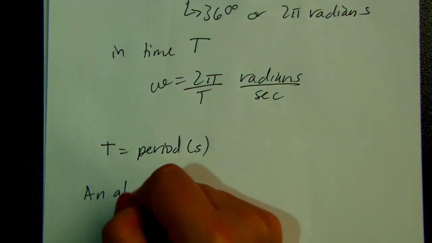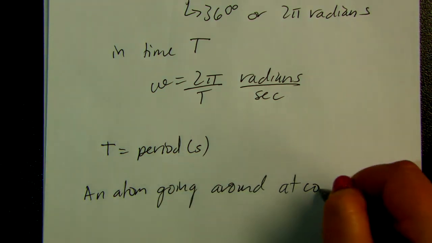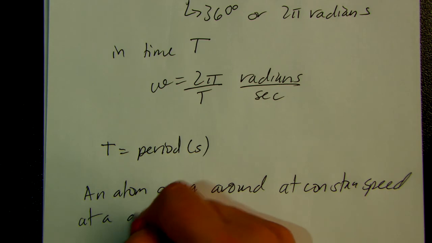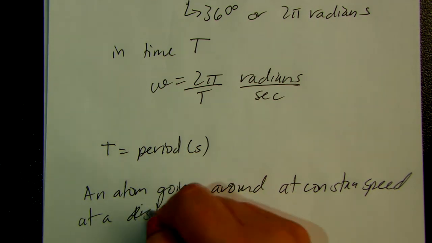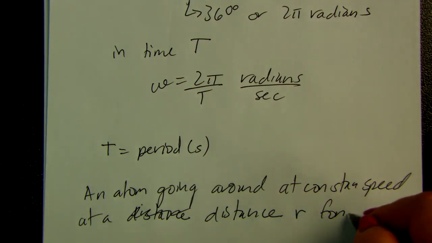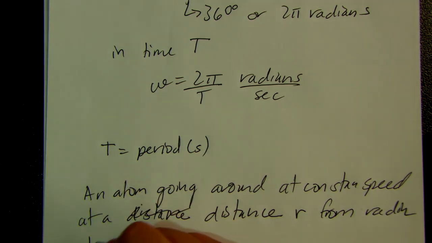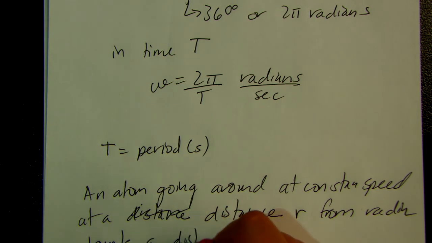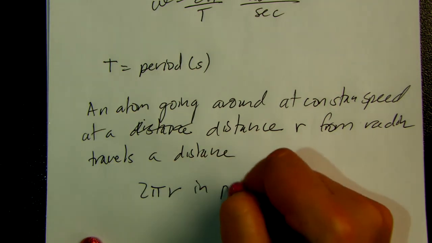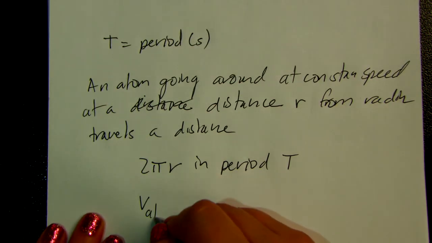An atom going around at constant speed at a distance r from the axis will travel a distance 2 pi r in period T, which leads us to the speed of that atom.